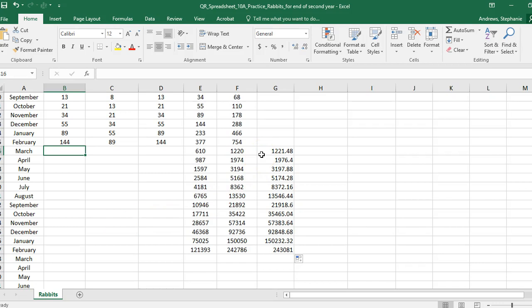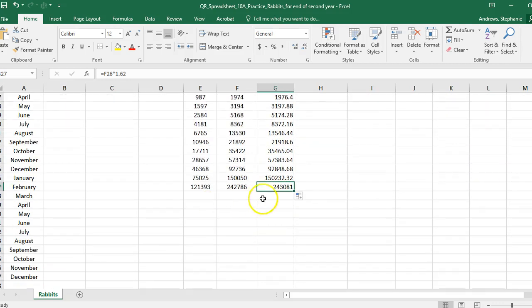We can get a faster result using this multiplier. To answer the question, use proportionality to estimate the number of rabbits. So here we are at February, and I want it to take the number where we just were and multiply it by 1.62. It'll do it, and now let's see if it'll stretch it on down to the end of the third year.